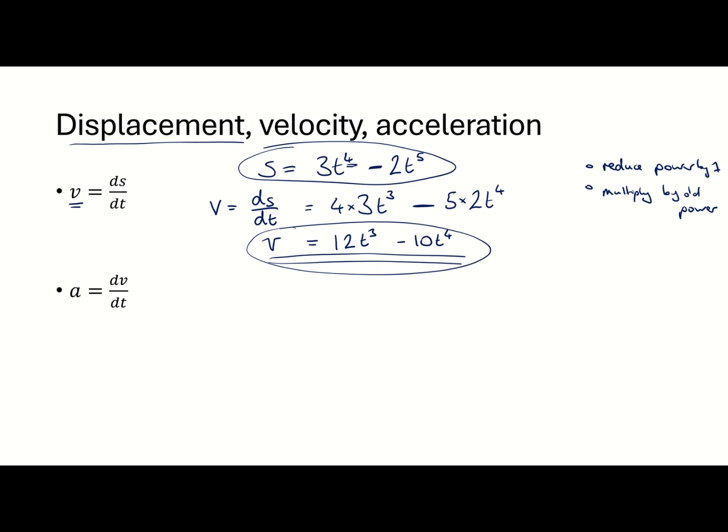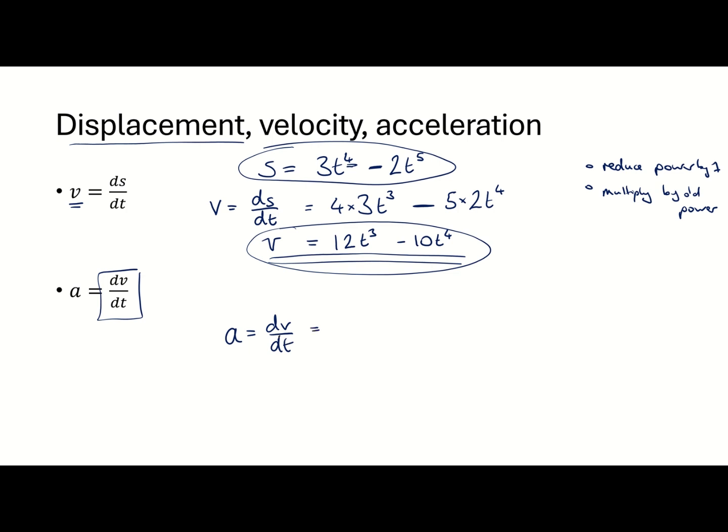Well, we could do the same with acceleration. Let's say I wanted to find the acceleration of the same object at any time. Well, we could do that by differentiating our velocity with respect to time. So acceleration is the differential of velocity. Okay, well, let's do that then. So a is dv over dt.